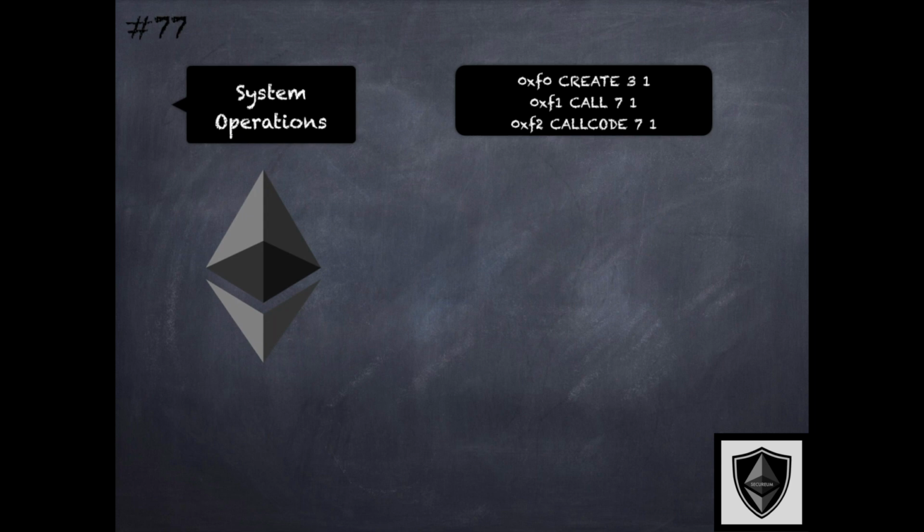The first one is the create instruction. This is used to create a new contract account that has associated code and storage with it. Now recall that contract accounts can be created from an externally owned account by sending a special transaction to the 0 address, or they can also be created from other contracts when they're executed.